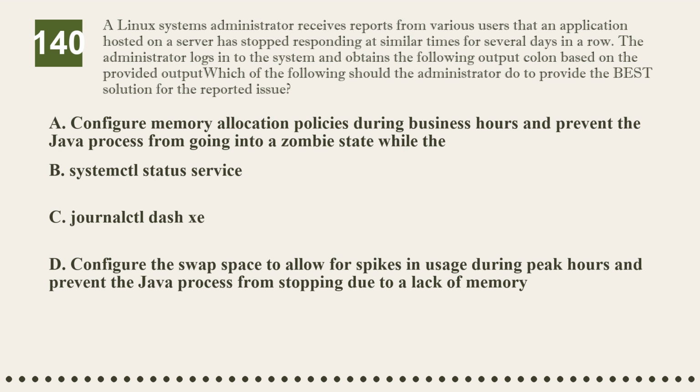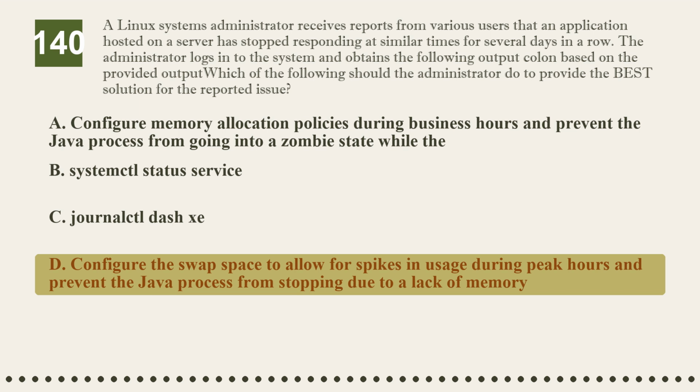Option A, configure memory allocation policies during business hours and prevent the Java process from going into a zombie state. Option B, systemctl data service. Option C, journalctl. Option D, configure the swap space to allow for spikes in usage during peak hours and prevent the Java process from stopping due to a lack of memory.